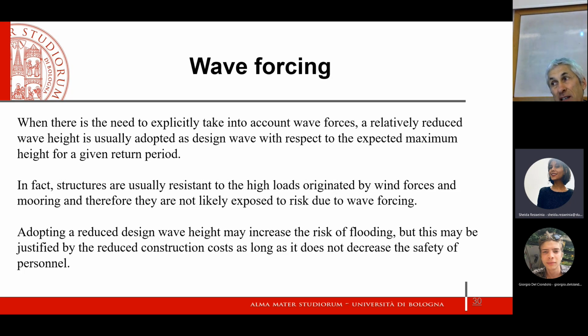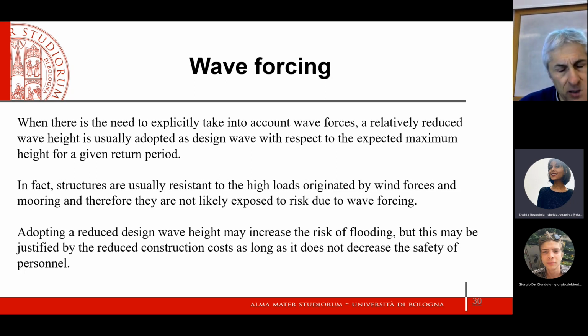But there is to say that the wind loads are usually much higher than the wave loads. And therefore, once the structure is designed, the wave forcing is not very significant when it is summed to the wind forcing. And usually when we design for the wind forcing, we adopt a coefficient CW, which, by the way, now I realize I didn't mention because I followed the slides.